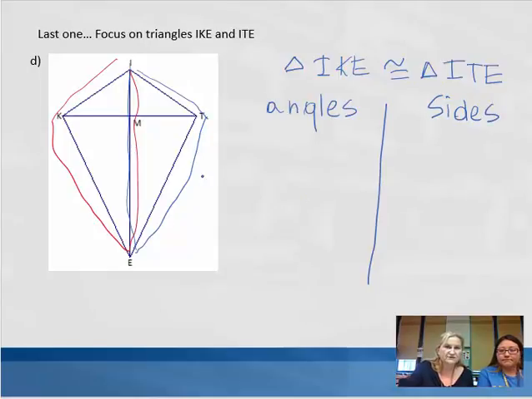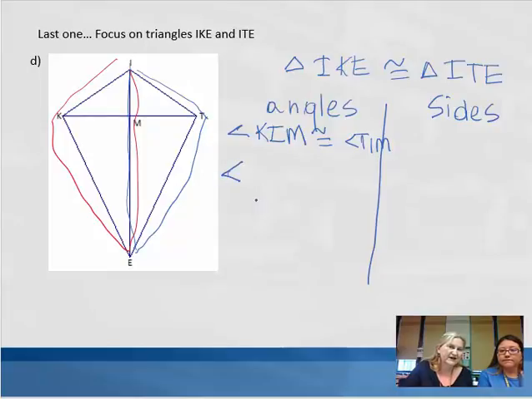Okay, so for my angles, because I have more than one angle at this vertex right here, vertex I, here's this angle and this angle, so I cannot call it angle I. So I have to use three letters. So I'm going to call this angle KIM. So angle KIM is congruent to angle TIM. My second angle, if I'm right here at K, again, I cannot call it angle K because there's more than one angle at that vertex.